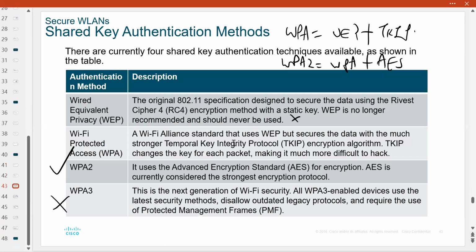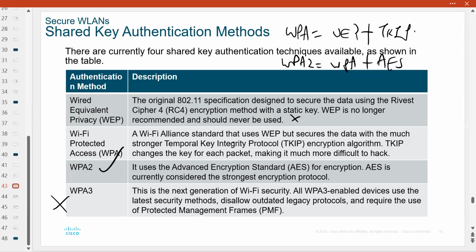Right. Authentication methods, we're going to configure WPA2 mostly. WPA2 personal and enterprise, we're going to deal with these. So we are going to demonstrate the difference between the two. In one, you only have a PSK, a pre-shared key. In the other one, there is a server.